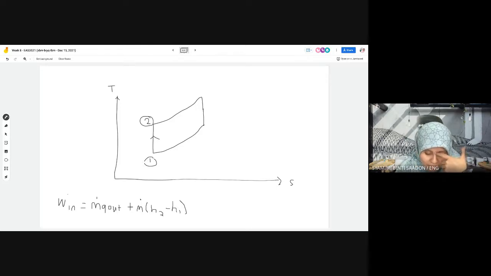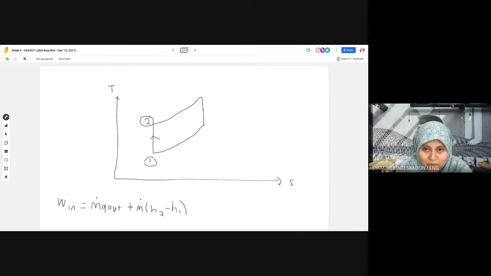Okay, enthalpy. So we're going to use one of the thermodynamic tables. But which table? H2, H1, which table are we going to use? Zainul, Arifin?